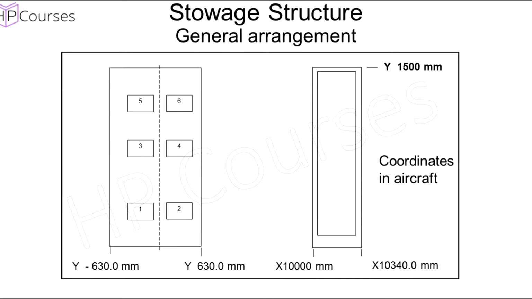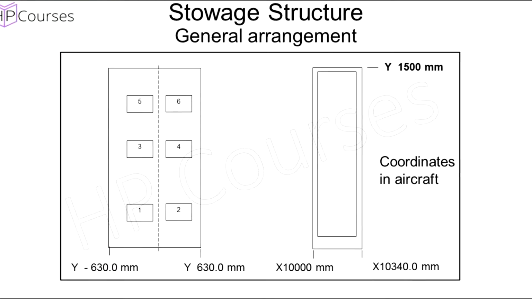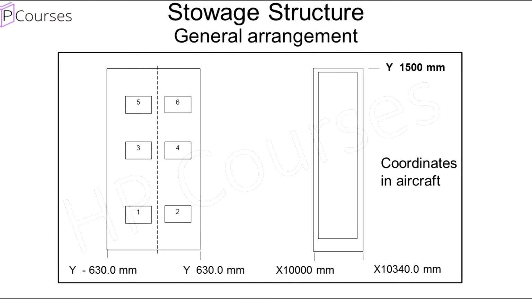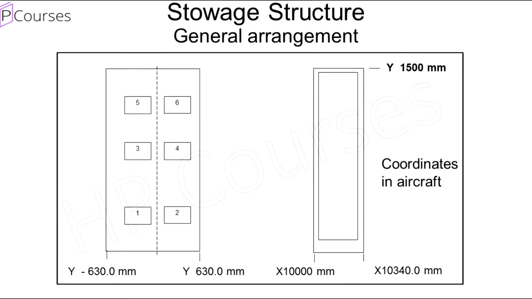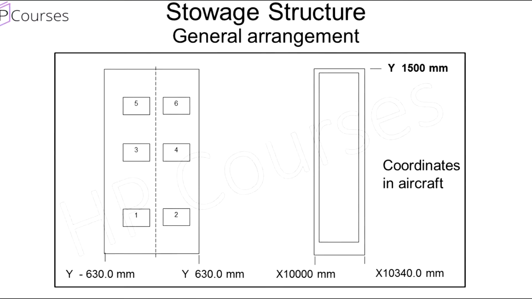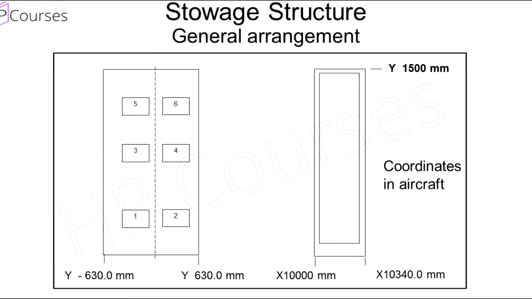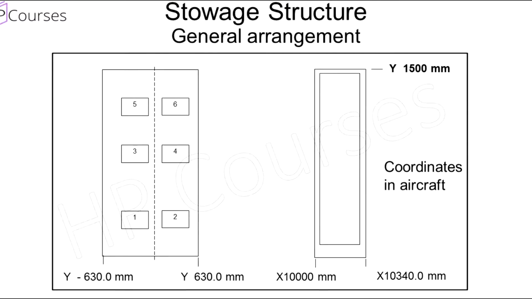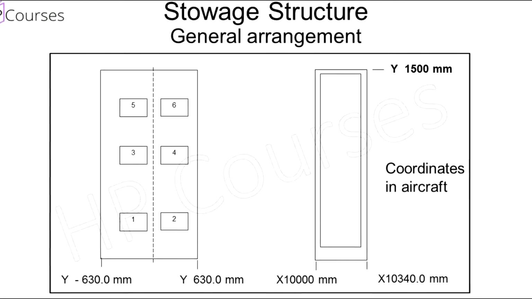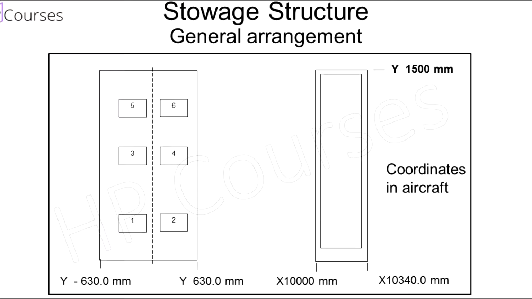These are the coordinates in the aircraft, as it says here, and the height is 1500 millimeters. This is generic. It's not an exact one. They do vary. So with this information, you can start to construct, parametrically anyway, your stowage unit. However, if you go just a few more slides on, you'll see dimensions are also given for clarity.